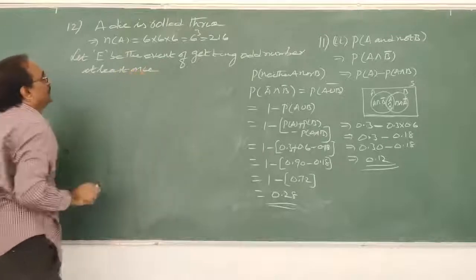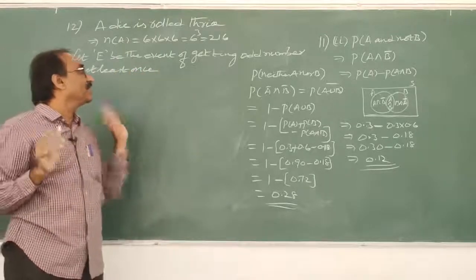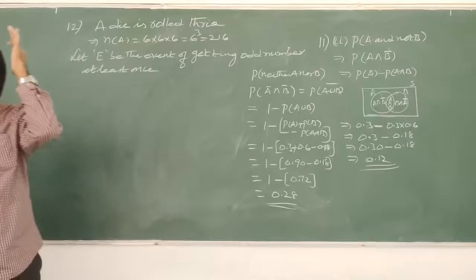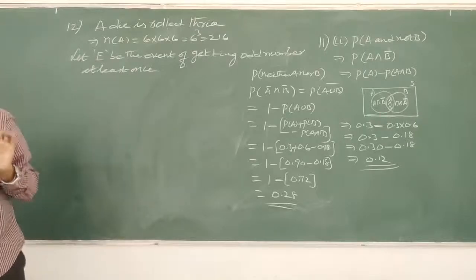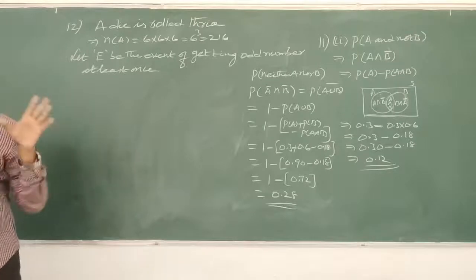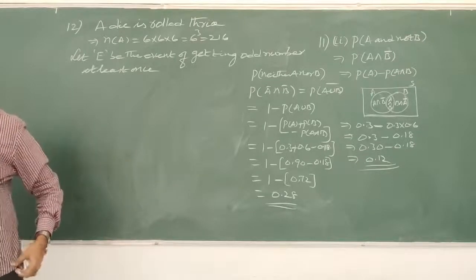Let E be the event of getting an odd number at least once, because the question is asking for that. Find the probability of getting an odd number at least once. So I said, let E be the event of getting an odd number at least once.